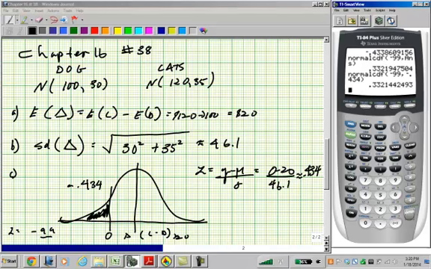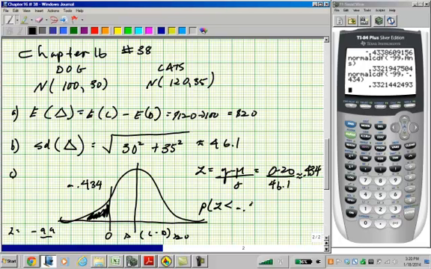I hit enter, and I get 0.332 approximately. So the probability that z is less than negative 0.434 is approximately equal to 0.332.